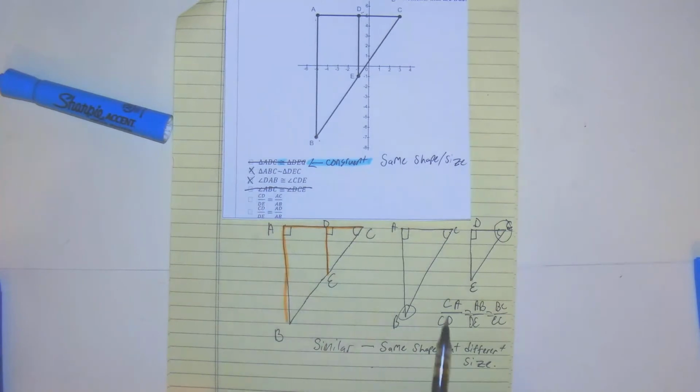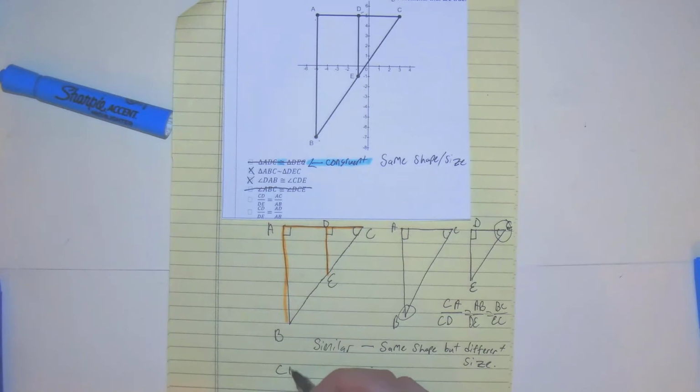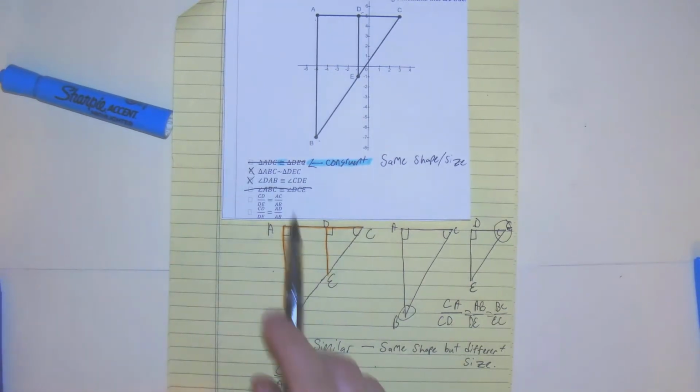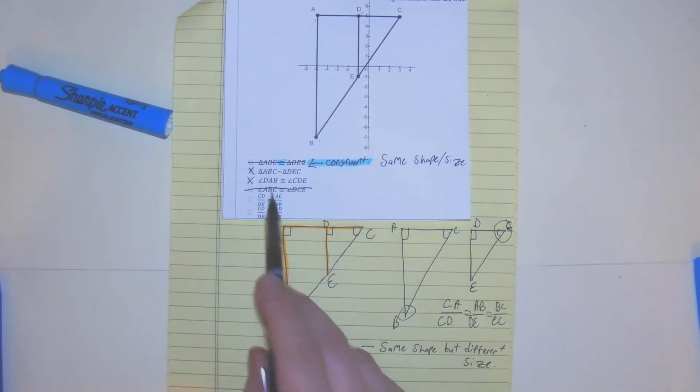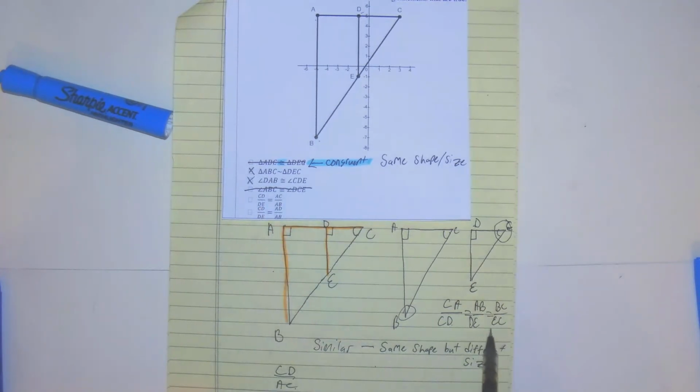So we have CD and AC. Okay, these are together. So we're looking at CD, AC. Order doesn't matter, you could flip it. And then we have CD, AC, and then DE goes with, so CD does go with AC, good, the top numerator, then DE, AB.